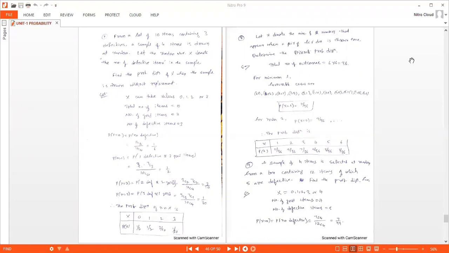Here the probability distribution function is not given, so we need to construct it from the given problem. So here a pair of dice is thrown. So your total sample space has 36 elements, that is total number of outcomes is 6 square, that is equal to 36.